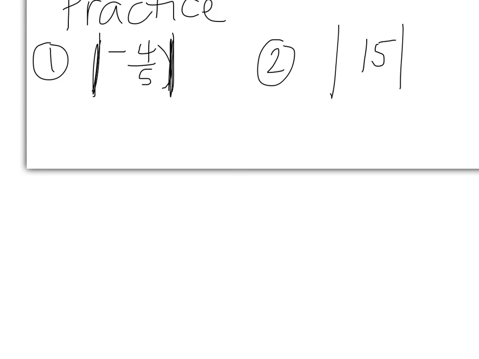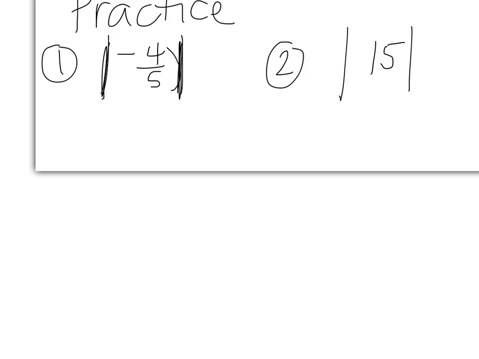Number 3, I want you to write 1 2/3 as a fraction in m over n form. So not an improper fraction, a fraction. And number 4, I would like you to write -12 as a rational number in m over n form.